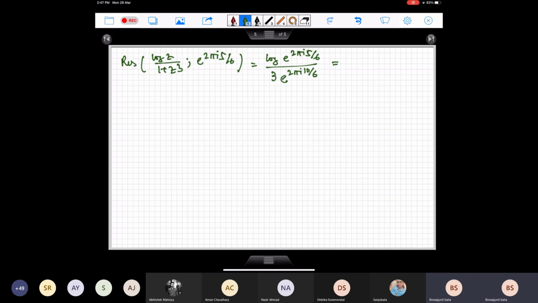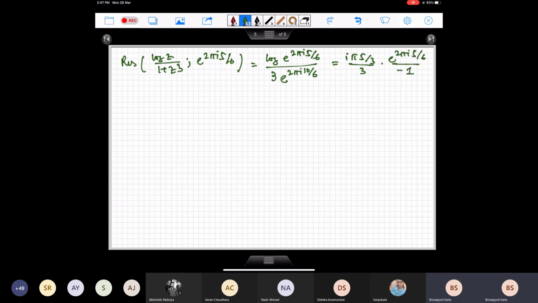So e to the power i pi is going to be minus 1. So here I have i pi 5 by 3, I have another 3 in the denominator, and then I have e to the power 2 pi i 5 by 6.